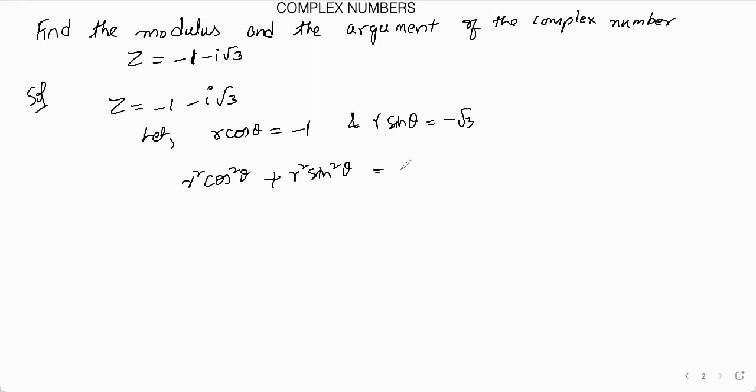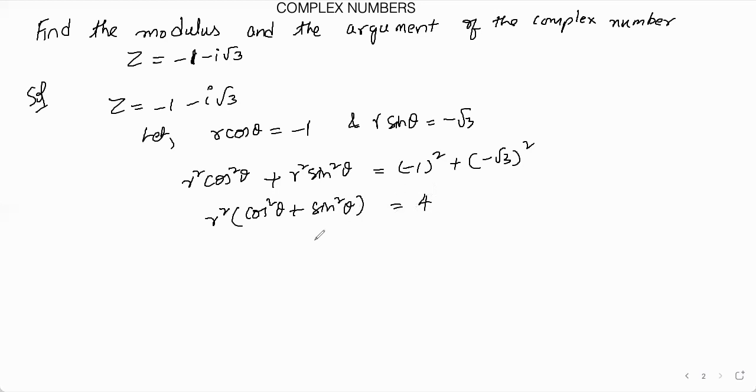Likewise we'll square this also on the right hand side, and we'll add this also, minus root 3 whole square. Okay, we are done squaring and adding. So we get r square times cos square theta plus sin square theta. So this will be 1 plus 3, which is 4.